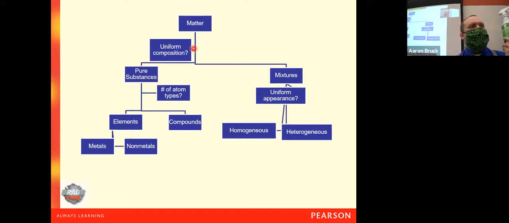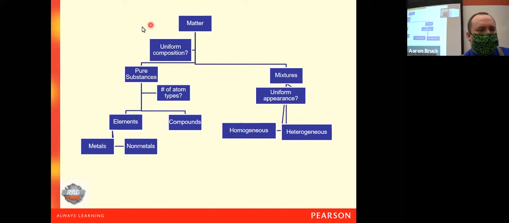So no, the composition of this is not uniform in terms of not every molecule in this looks exactly the same. I'm told that there are at least 2 different active ingredients that are different from each other. That would push me into the mixtures department. And then based upon its appearance, I could classify it as a solution or as a heterogeneous mixture.